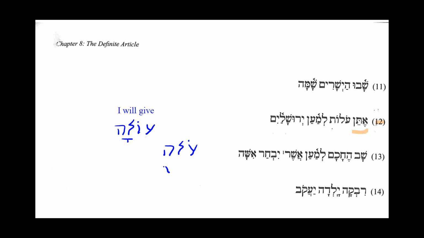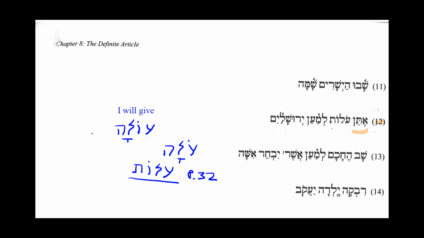As sometimes happens when a noun ends with qamets hey, the final hey drops off and we get the ot ending like that. This is all shown on page 32 of the textbook under the vocabulary.